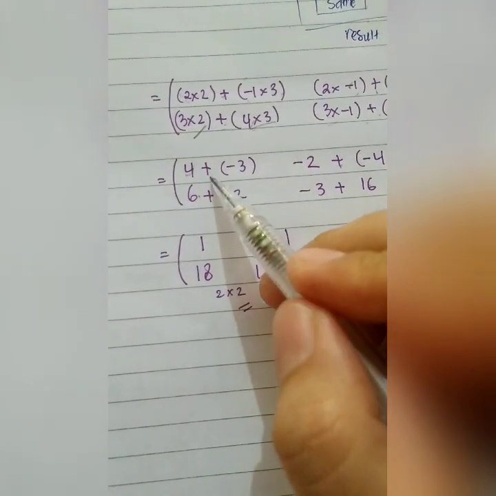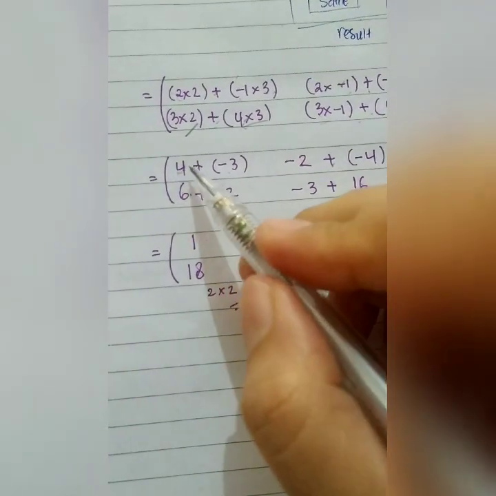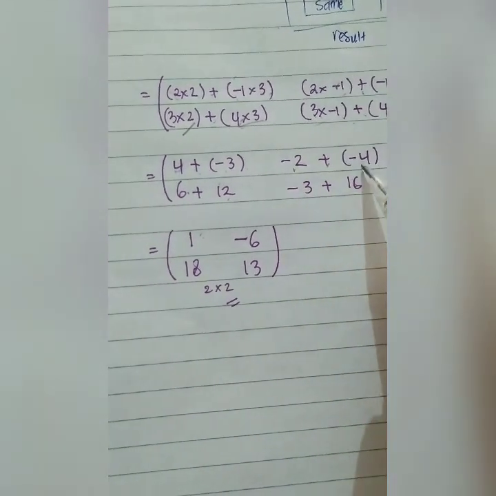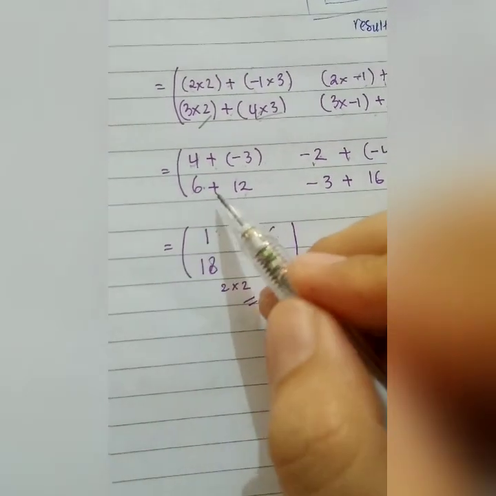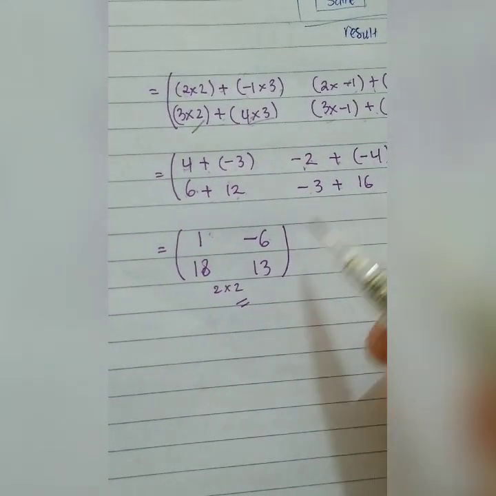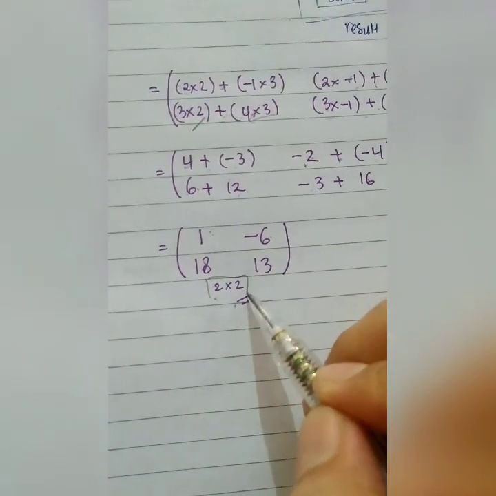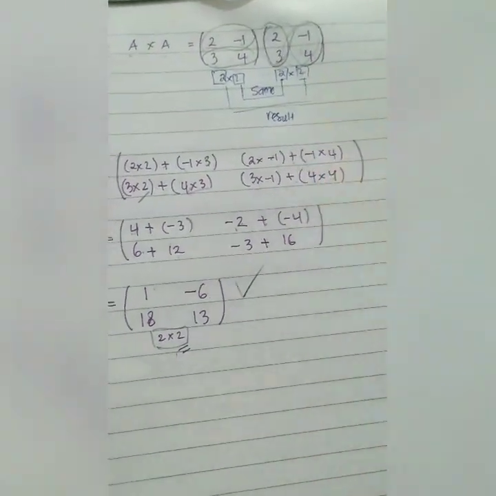So we got 4 plus negative 3 is 1. And then negative 2 plus negative 4 is negative 6. And then 6 plus 12 is 18. Negative 3 plus 16 is 13. So we got the answer exactly with the order 2 by 2. So it's correct. That's the result.